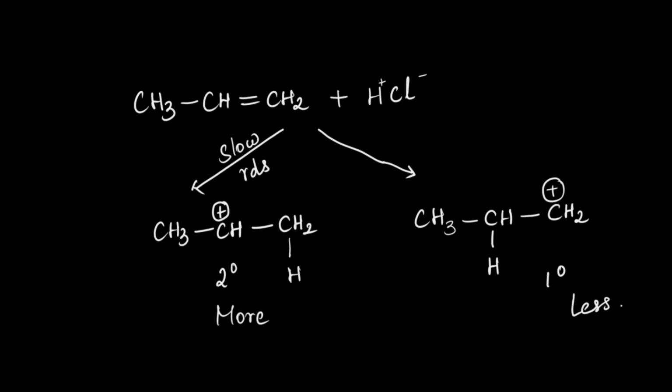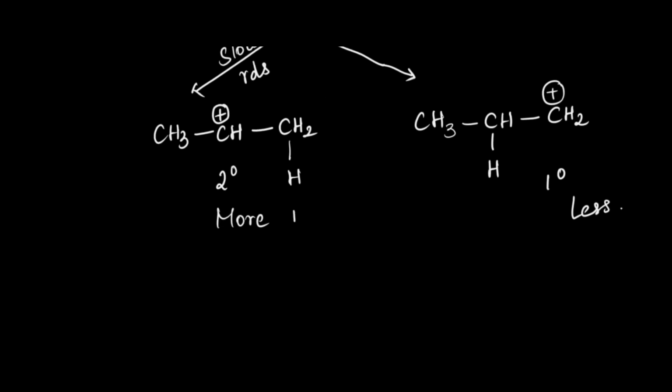Okay, after that what will happen? After that the Cl minus will get attached to the most stable intermediate to give the product as CH3, CHCl, CH3. So that would be our major product, which is 2-chloropropane.